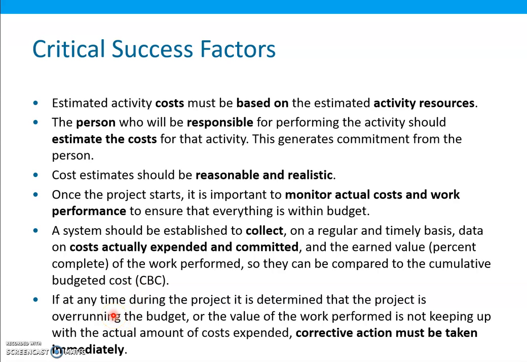If at any time during the project it is determined that the project is overrunning the budget or the value of the work performed is not keeping up with the actual amount of costs expended, corrective action must be taken immediately.